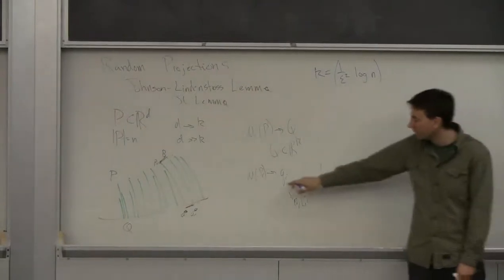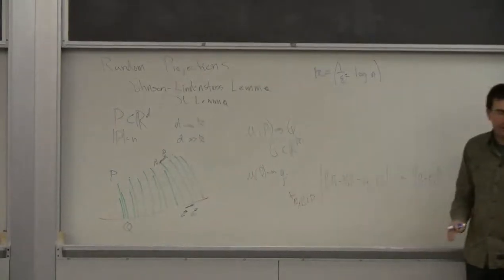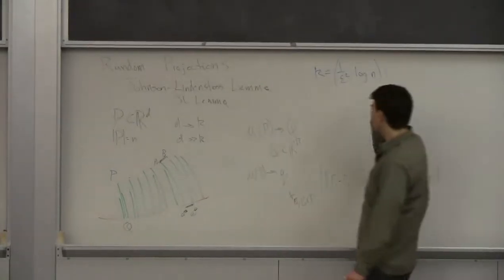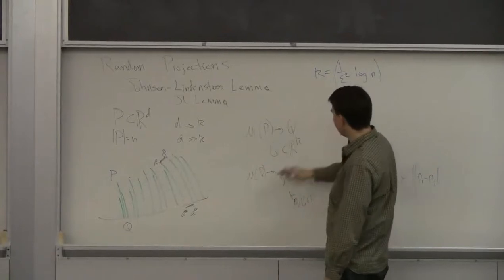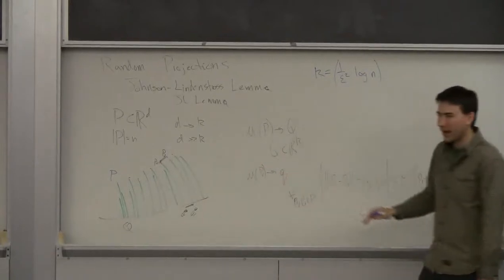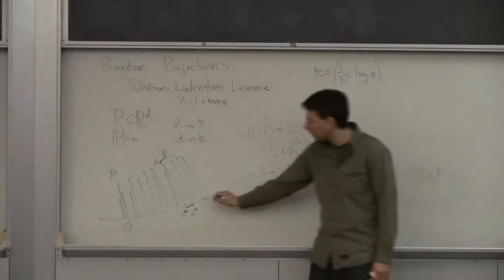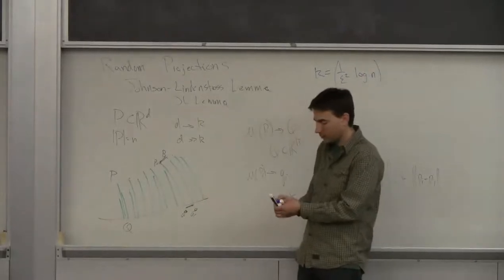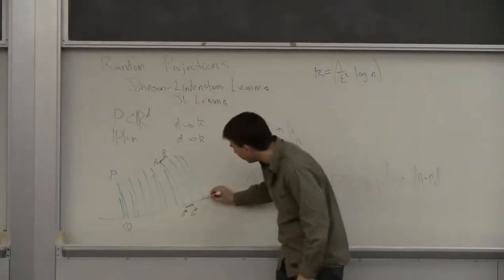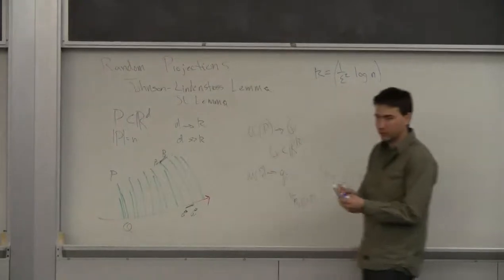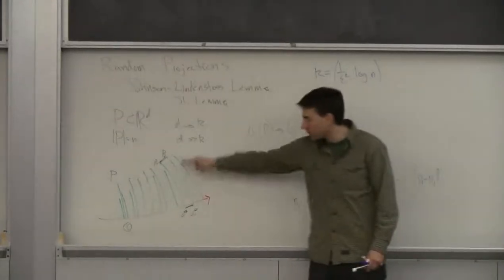So how do I pick a random direction? I'm going to describe how I get this one random direction, and then I'm just going to repeat this k times. What does it mean to project down?